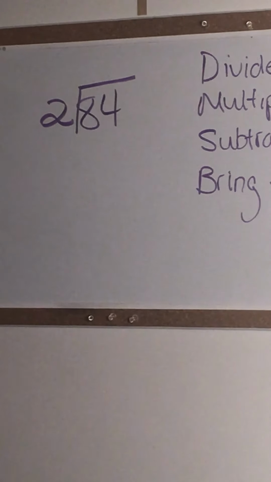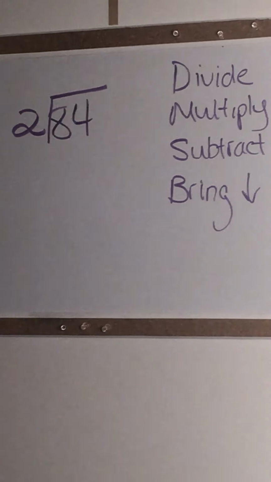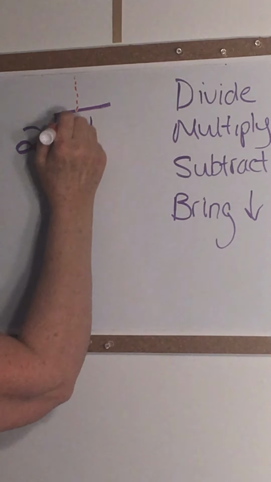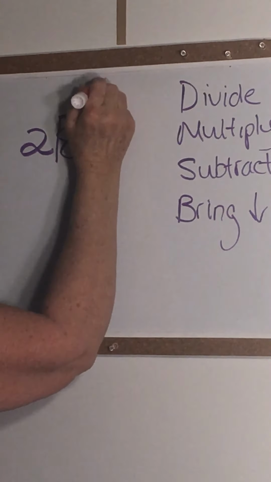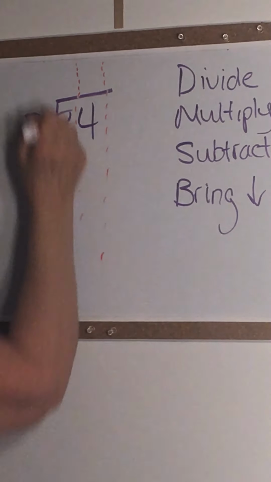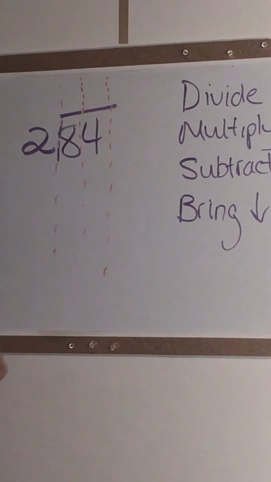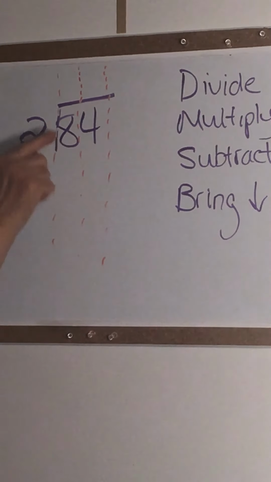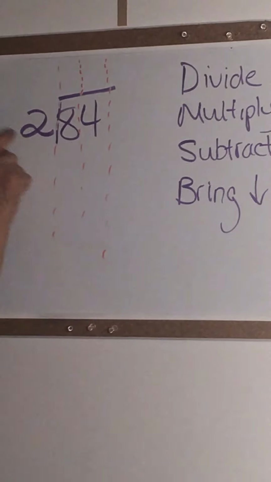Okay, first thing we look at, remember we have to look at our first column first. Okay, so I'm looking at my first column here underneath the house. Remember, this problem reads 84 divided by 2.